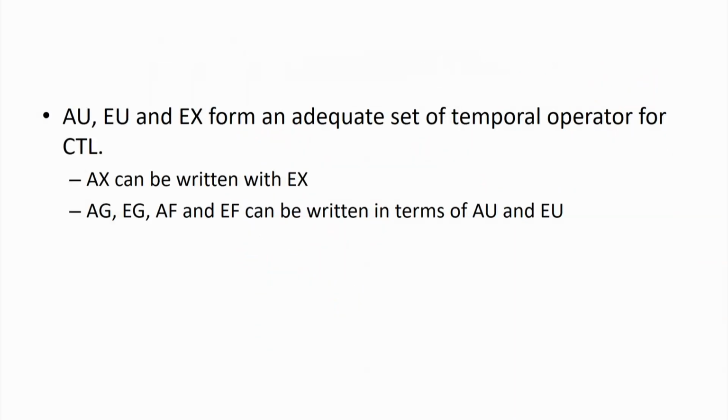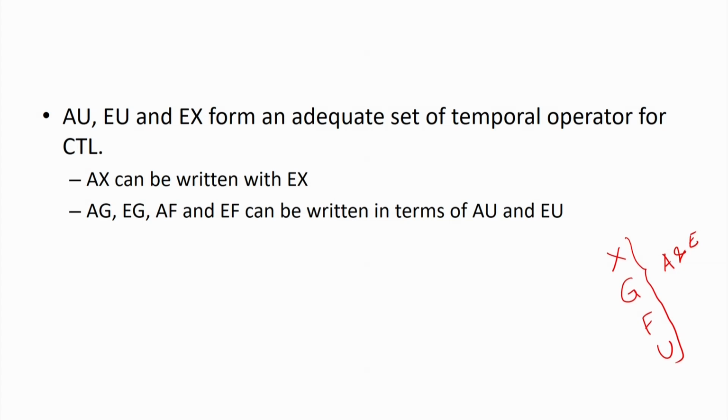So, by looking into it, we are going to say that we are having a total of 8 CTL operators, because we are having 4 temporal operators: X next state, G globally, F future and U until. These 4 temporal operators will be preceded by path quantifier A and E, in all paths and there exists.